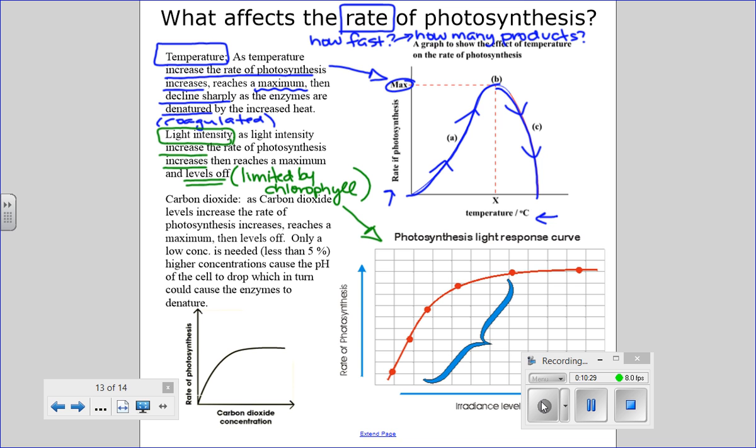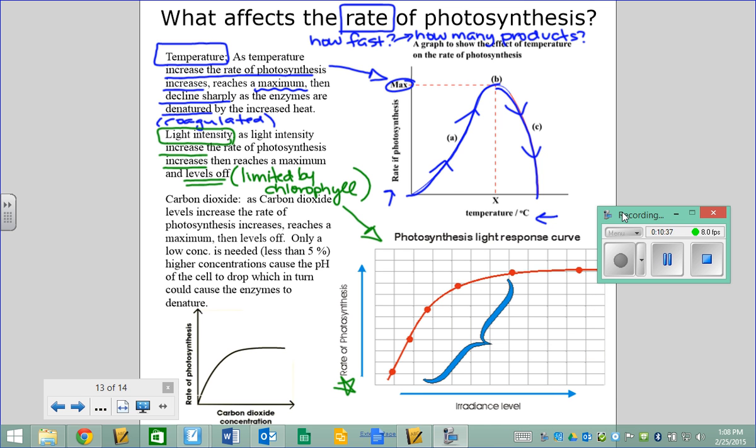So here's what the graph would look like. Just like the first one, rate of photosynthesis is on the y-axis, and the factor that I'm investigating is on the bottom. The word that this says is irradiance, which means how much light there is. So always the factor is on the x-axis, rate of photosynthesis on the y-axis.